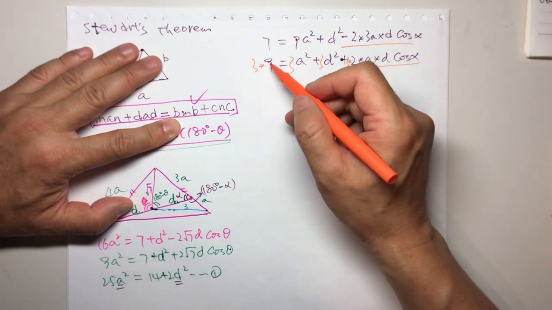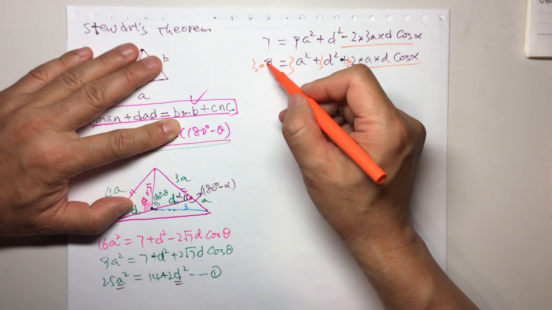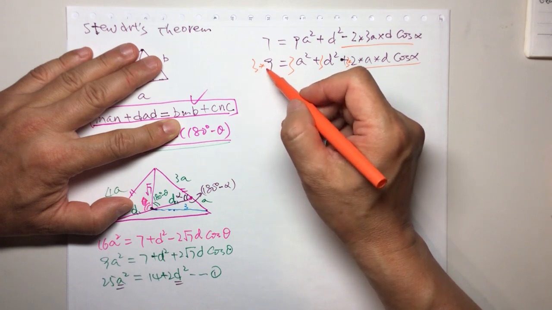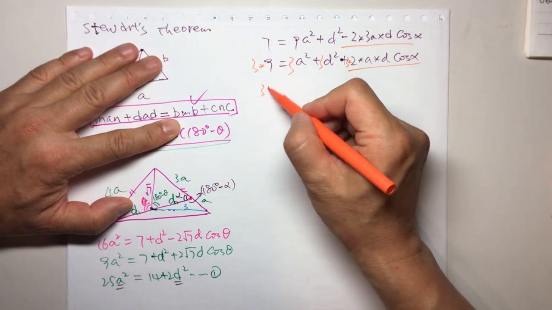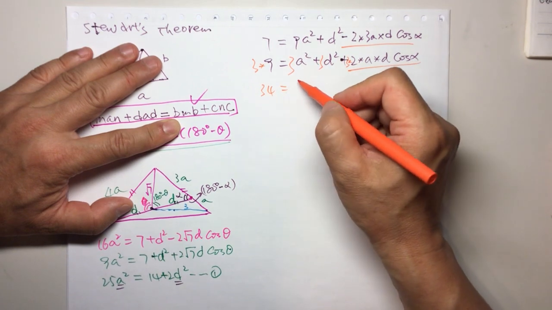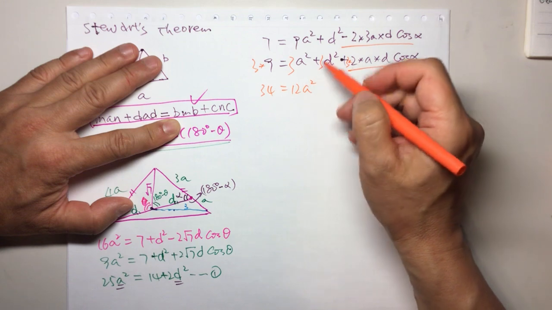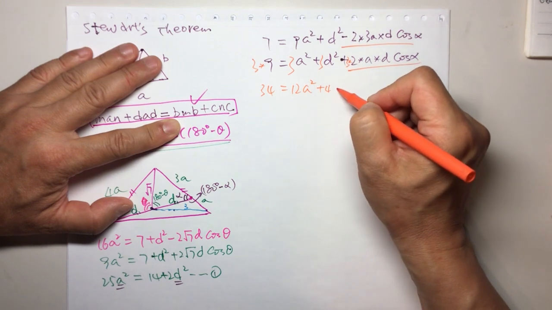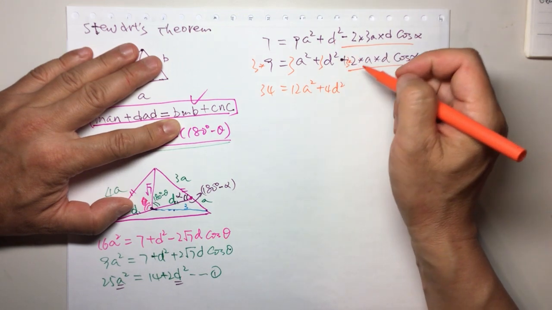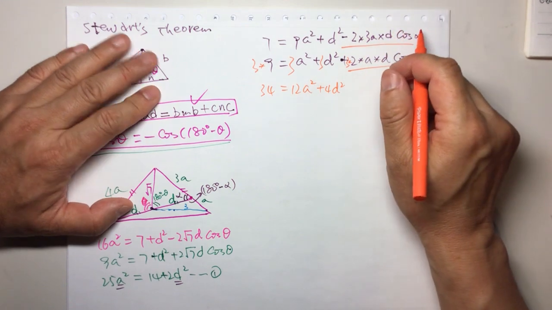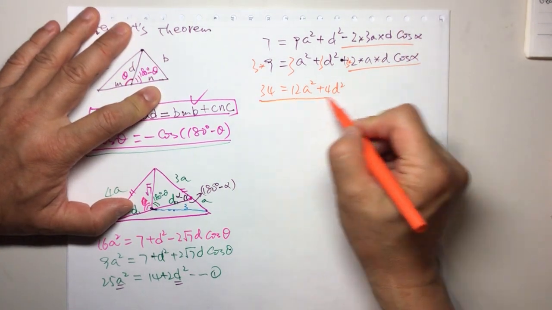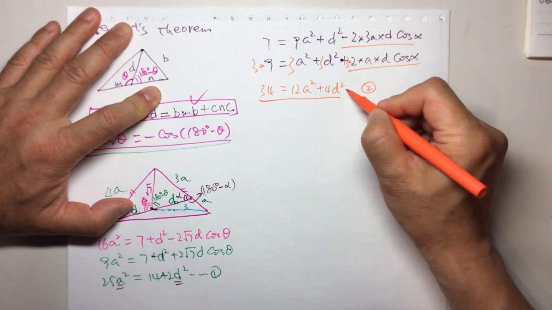We get 3 times 9, 27. 27 plus 7, 34 equals 9 plus 3, 12a squared, plus 4d squared, and this cancelled. That's the second equation.